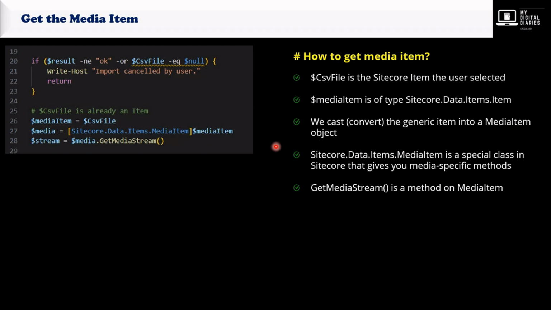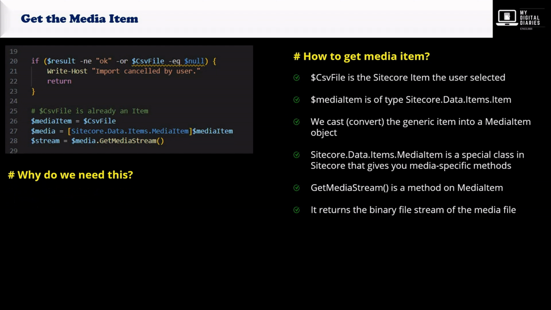This is the same thing which we do in C# also. We are casting to Sitecore.Data.Items.MediaItem, and this media item has a method called GetMediaStream, which provides us the binary data. It returns a binary file stream of the media file.